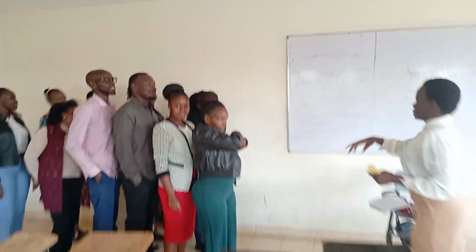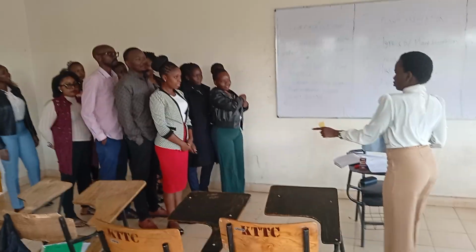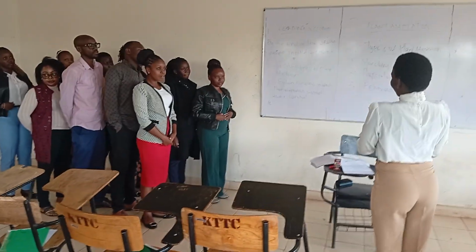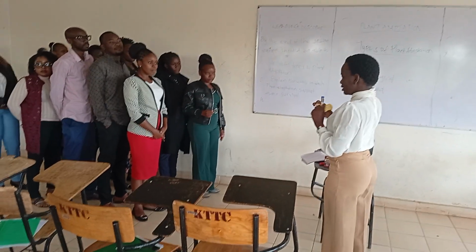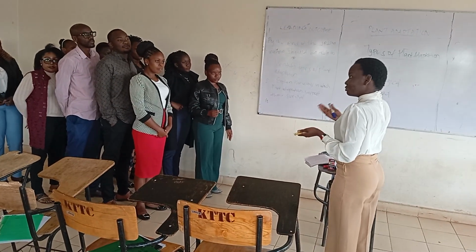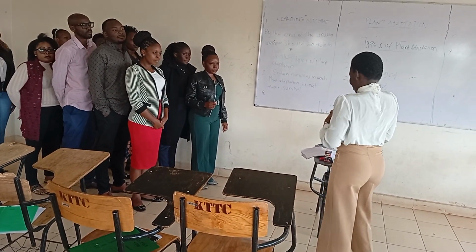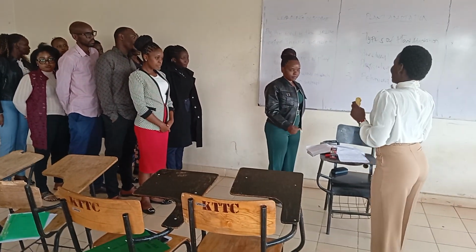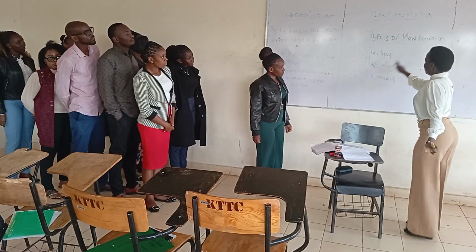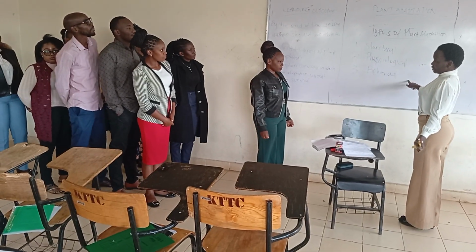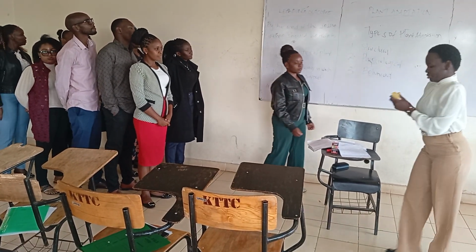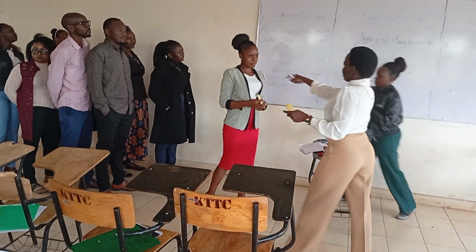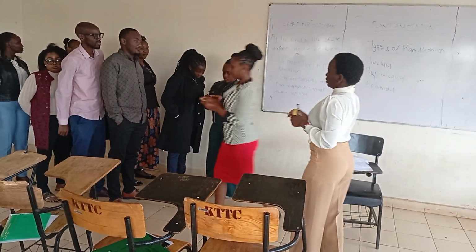We have group A and group B. The first two people, you come, you pick, then you read what it is. Group A, the answer will be either structural, physiological, or behavioral. Then you go back and discuss with your group, then you show them the answer.